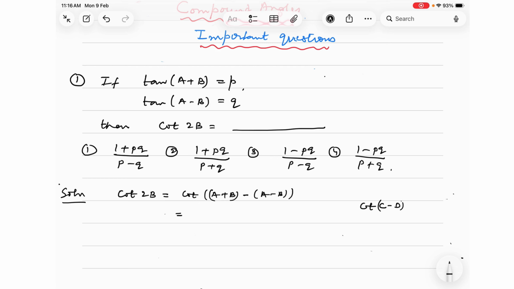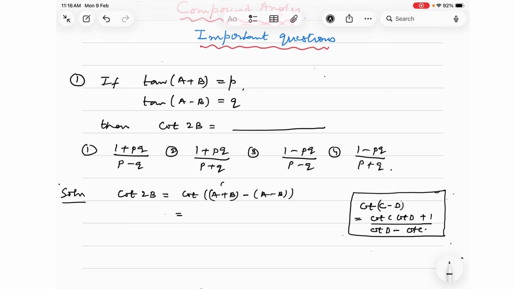one formula that cot(C−D) is (cot C cot D + 1)/(cot D − cot C). This formula we have already written in the basics of compound angles.